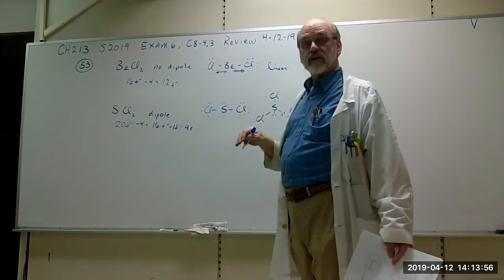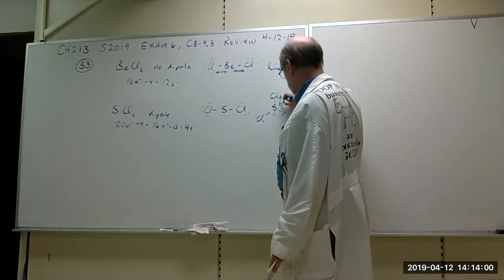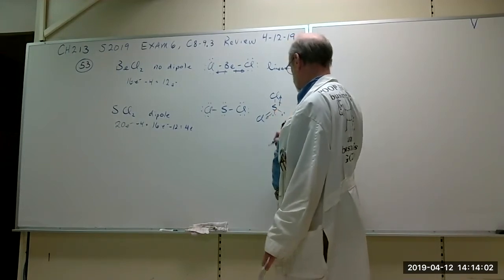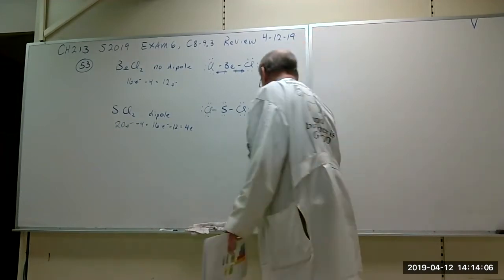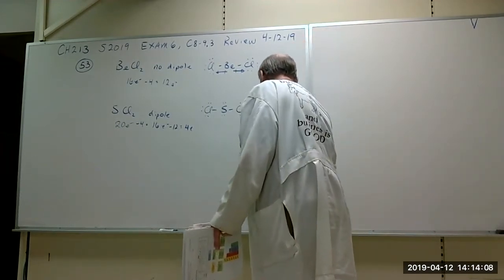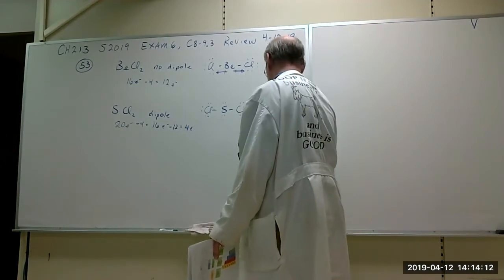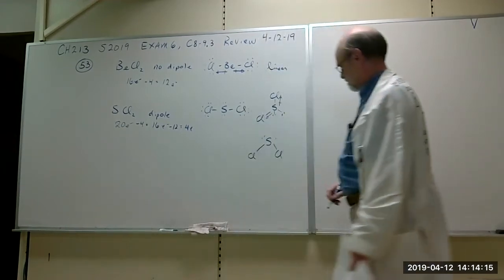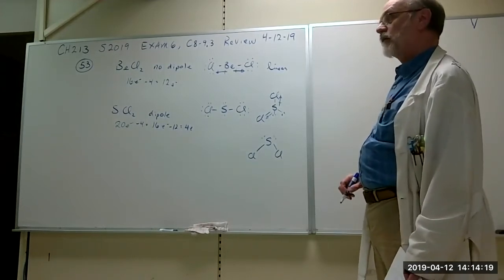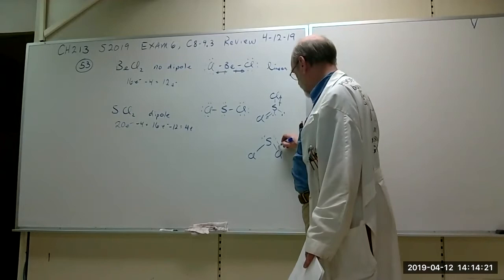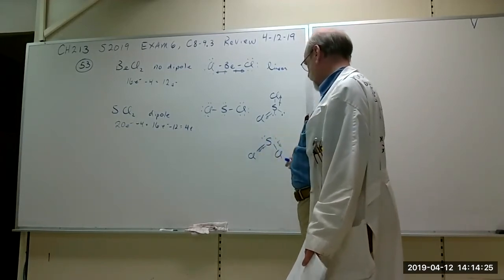So now what's the molecular structure? Because the dipole is this way and this way, right? Let's see, let me draw it this way. There you go. So chlorine is more electronegative than sulfur, but you still have those 2 lone pairs.